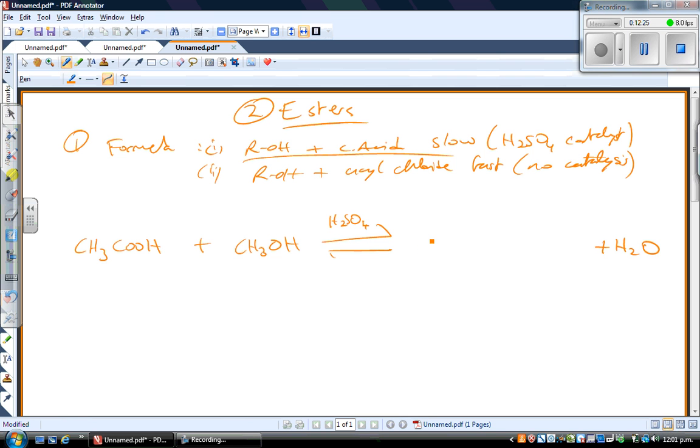So the end product is going to be CH3, C double bond O bonded to oxygen, and I'll just use a different color to highlight the alcohol addition. CH3 there, plus your H2O. And your H2O comes from there and from there.